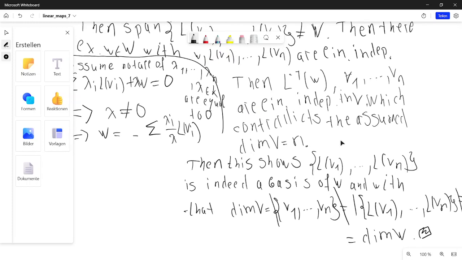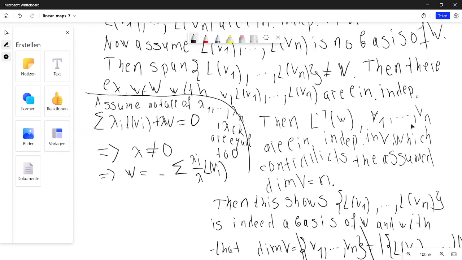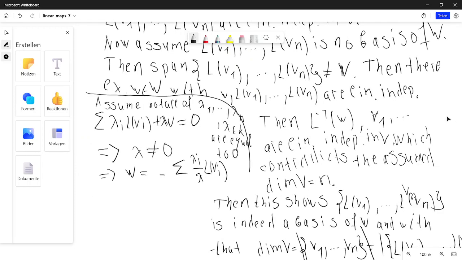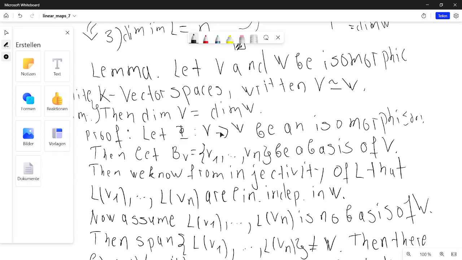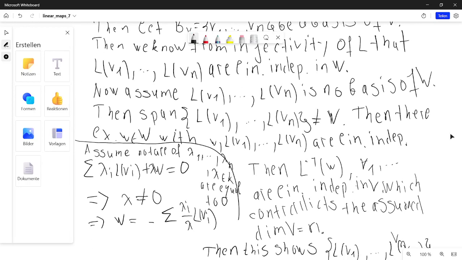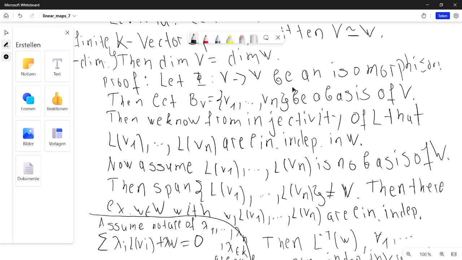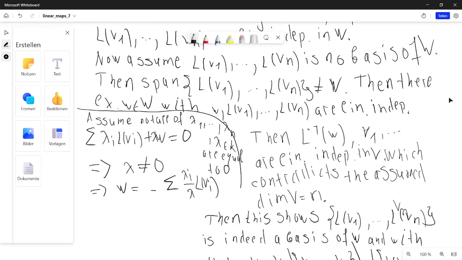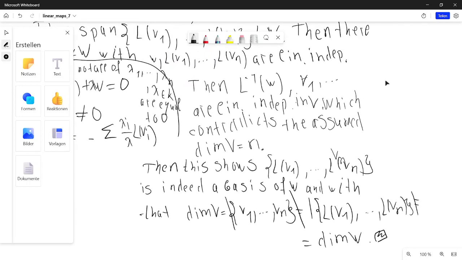And this contradicts the assumed dimension of V being equal to n. That is, this contradicts that the dimension of V was called n by us, because this actually gives a number that is larger than the dimension that we assumed, equal to the number of these basis vectors.